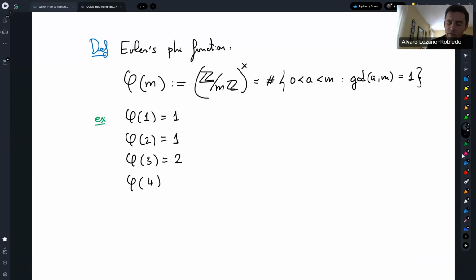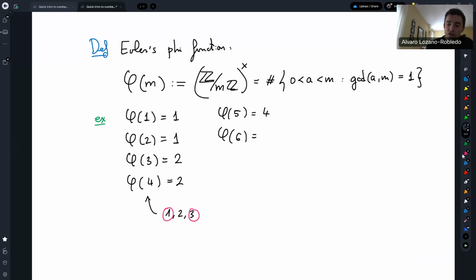Well, for phi of 4, we have to do a little computation here. Between 0 and 4, there are the numbers 1, 2, and 3. And how many are units? 1 and 3 are units, so there are exactly 2 units. Phi of 5: 5 is prime, so everything except 0 is a unit, so there's going to be 4.